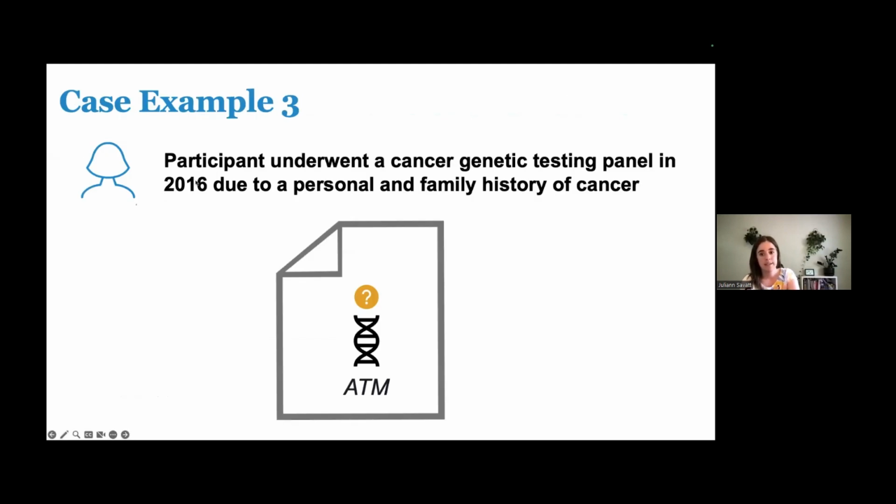And so I just wanted to give an example of this in action. A participant who underwent cancer genetic testing in 2016 due to their personal and family history of cancer had a variant of uncertain significance in the ATM gene identified.